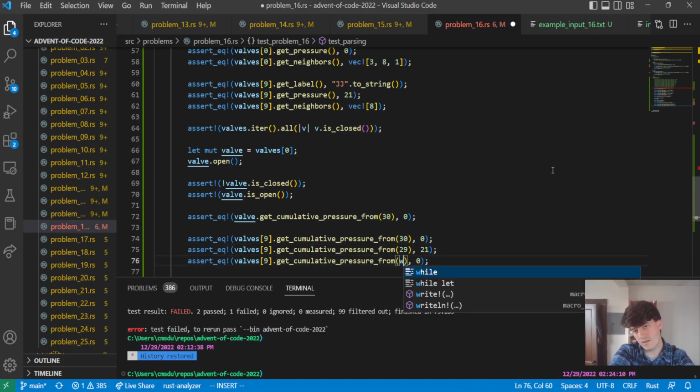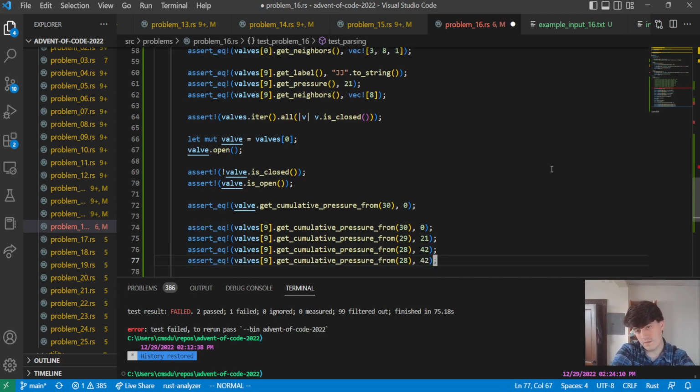At 28 it should be 42. And at 1, if it's opened at 1, that means that at every subsequent minute it's going to go, and there are 29 of those. 29 times 21.